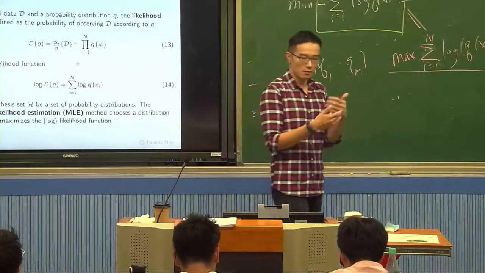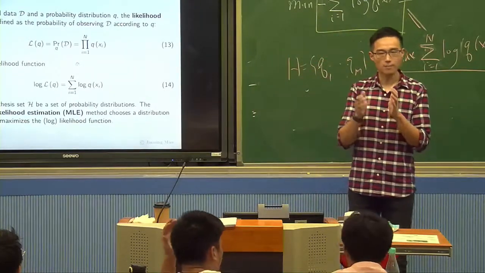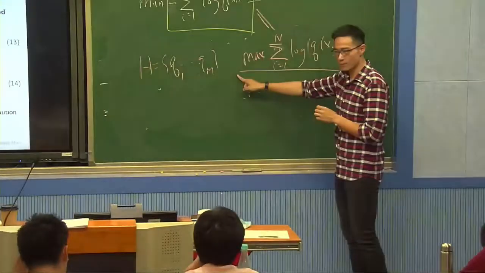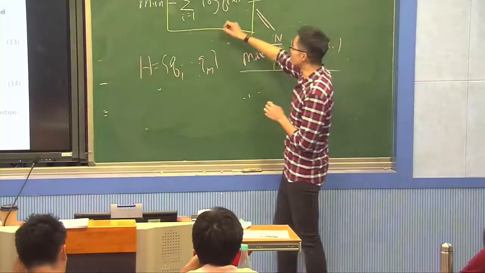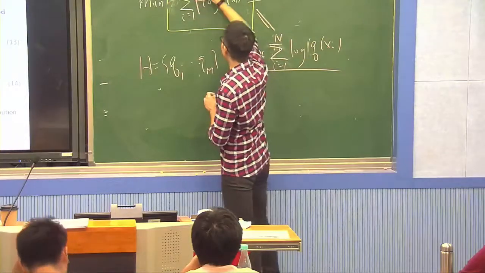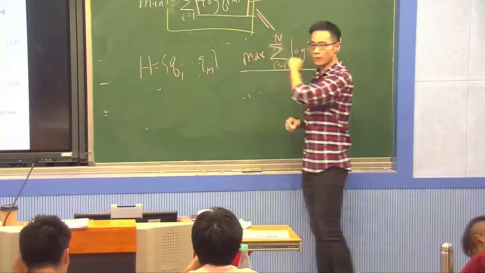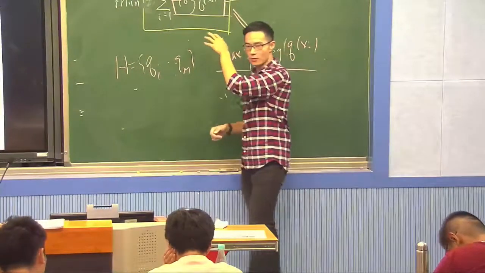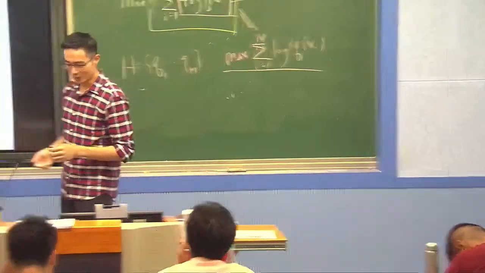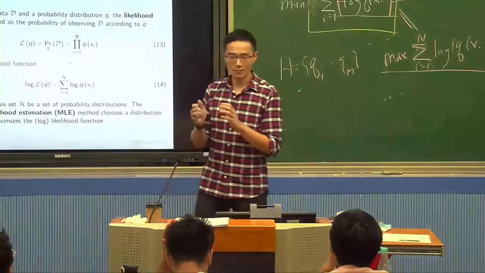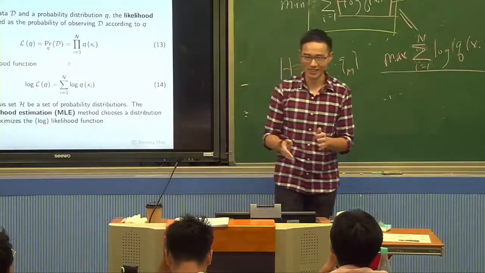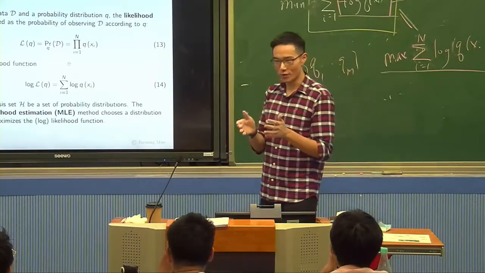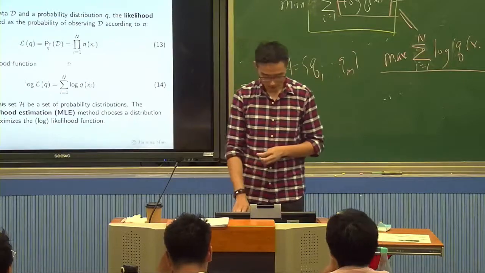It's the same story, just that the distance here is defined by KL divergence, and you can think about maximum likelihood as minimizing the cross-entropy loss. I'm teaching you nothing new at all. This is something you have already learned. I'm just putting it in a different framework, in a picture.